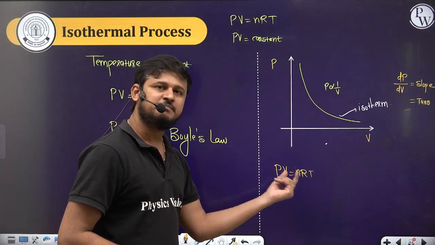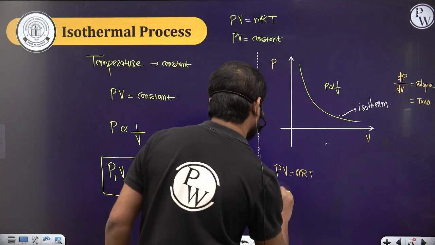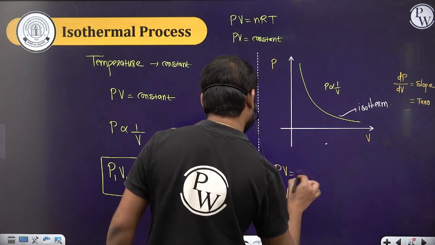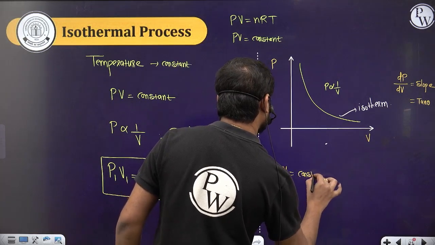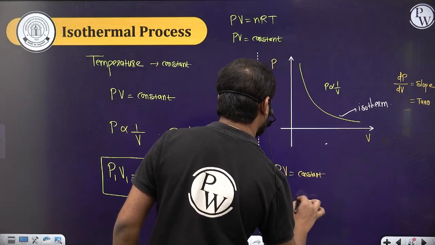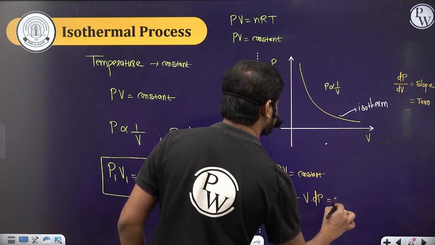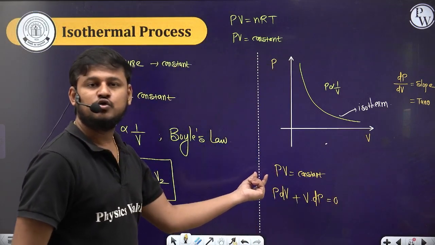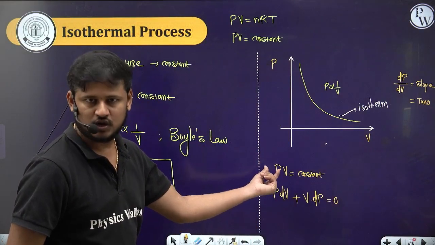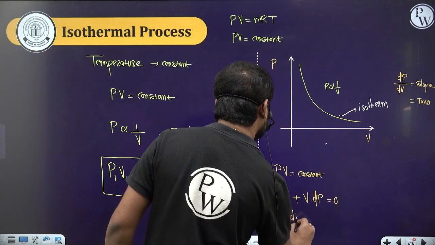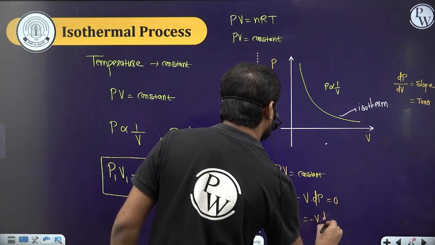P dV plus V dP, and the differentiation of a constant is 0. So P dV plus V dP is equal to 0. The product rule of differentiation you already know. So from here, P dV is equal to minus V dP.